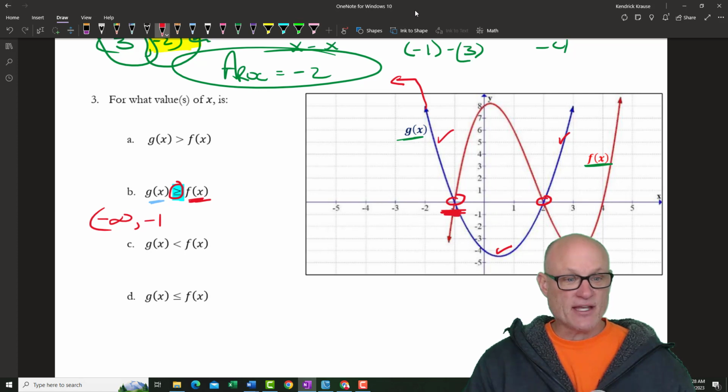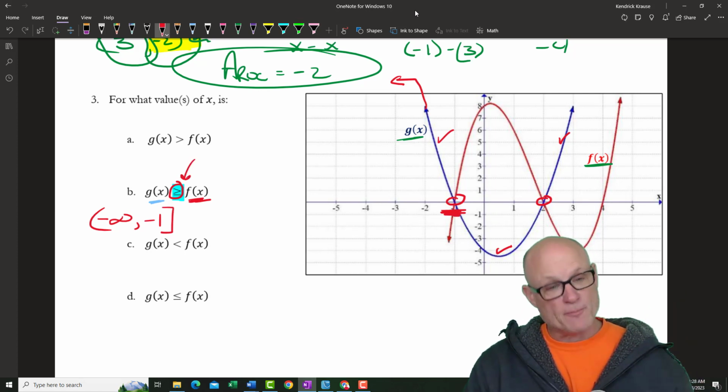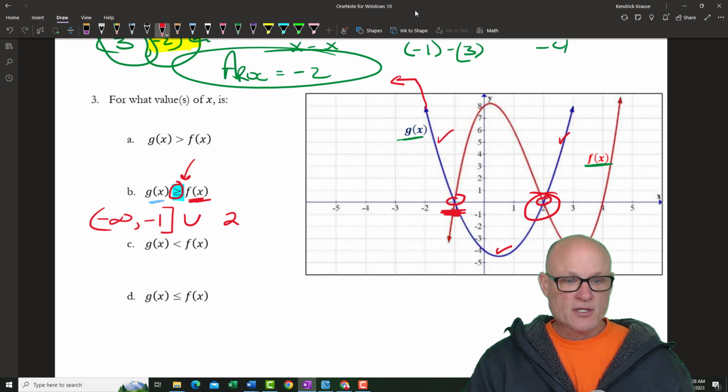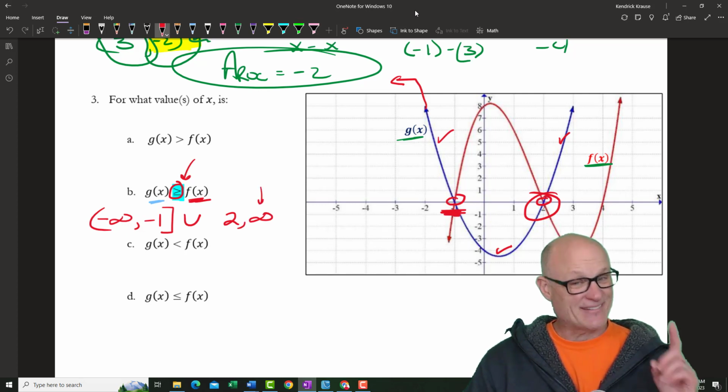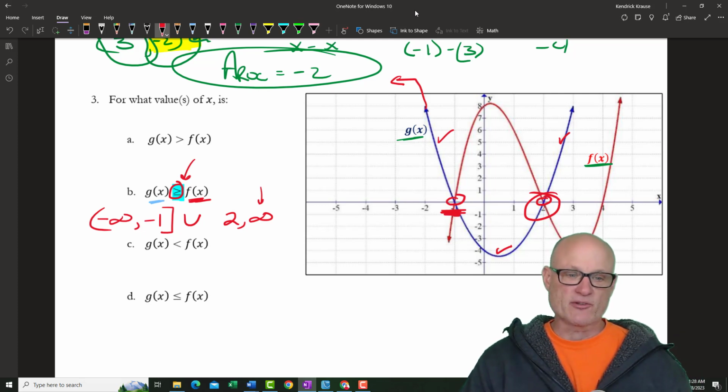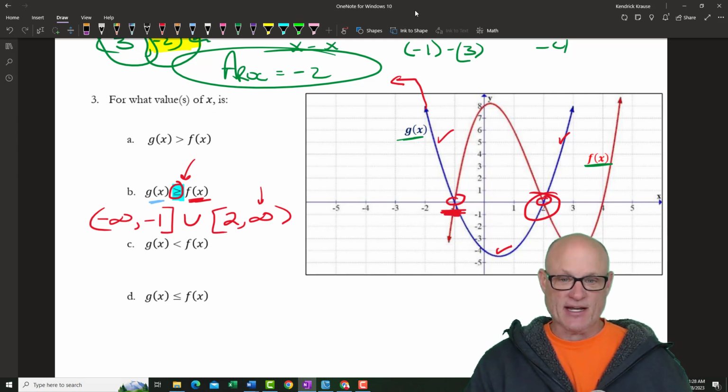Because it has an equal to, I will put a bracket on it. Since it's in more than one place, I'm going to put an or, starting at 2 and going off to the right forever. This is the part that's not necessarily true in this particular case, but don't worry about it for now. I'll make a better example on the test. We'll put a bracket and parentheses. So based on what I see in this graph, that's the answer to this question.